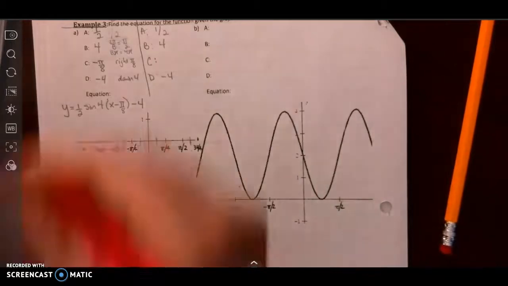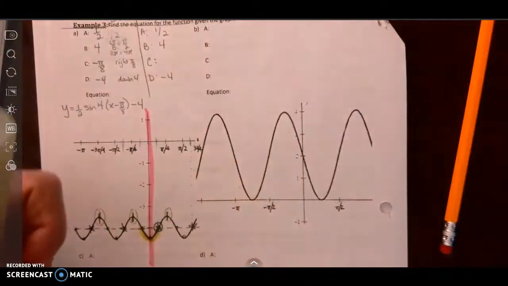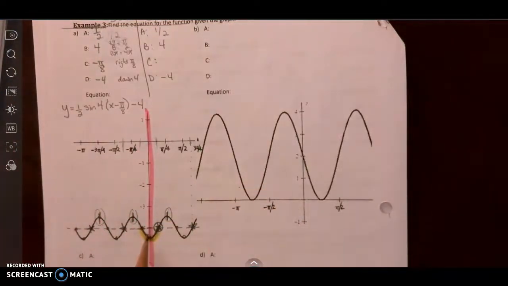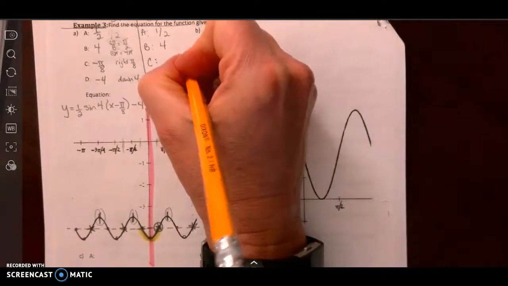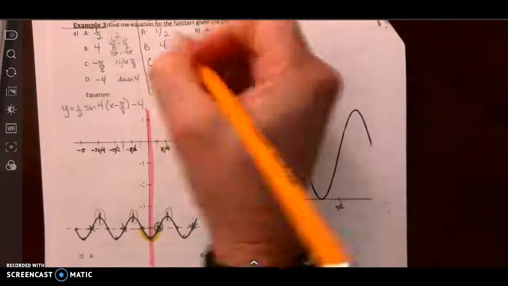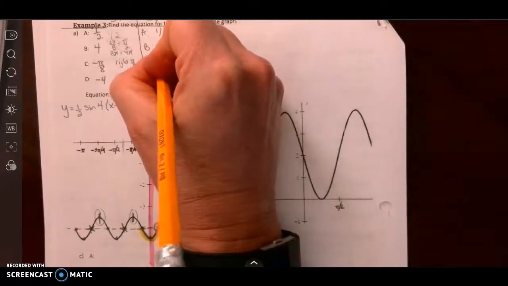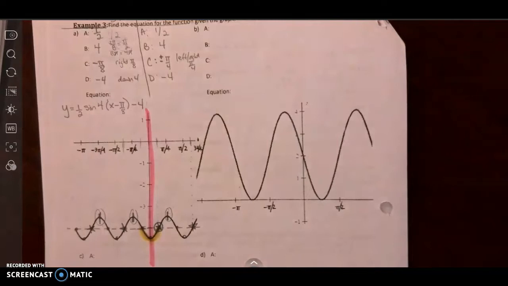This is where I would normally start my sine or cosine, which is why this star was closest for sine. These are both pi over 4 away. So these are the same. So this would be left or right pi over 4, which is plus or minus pi over 4.